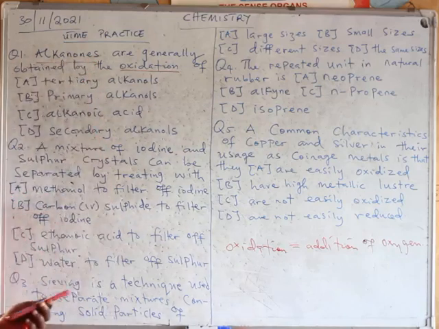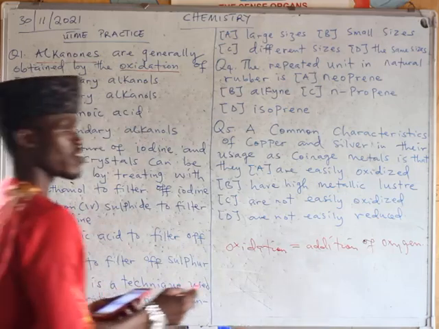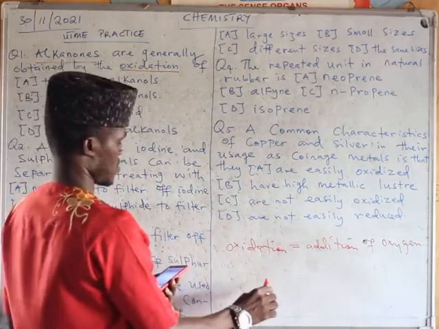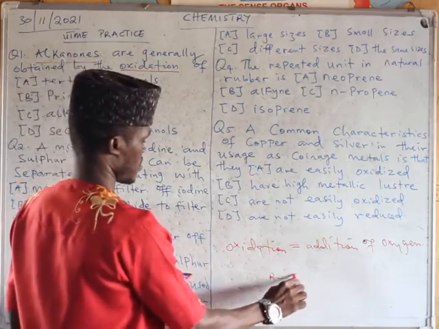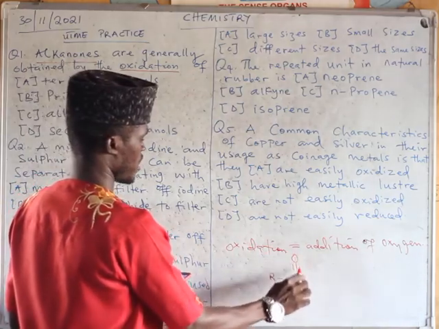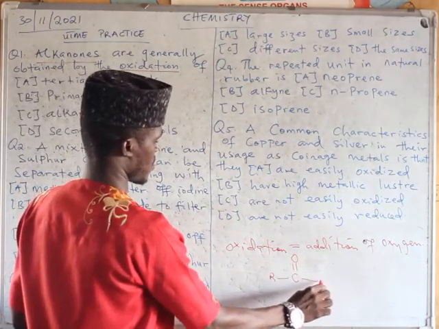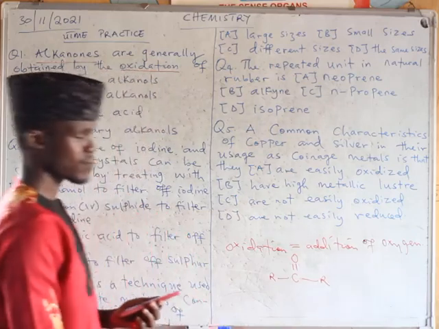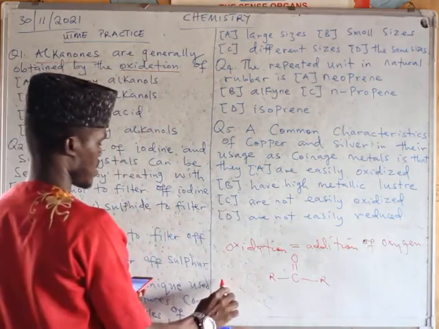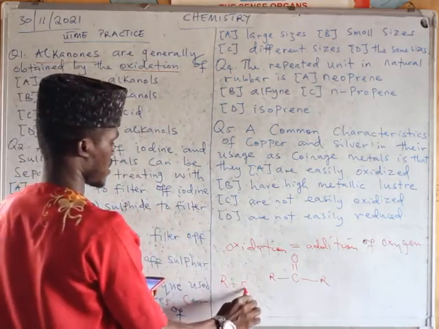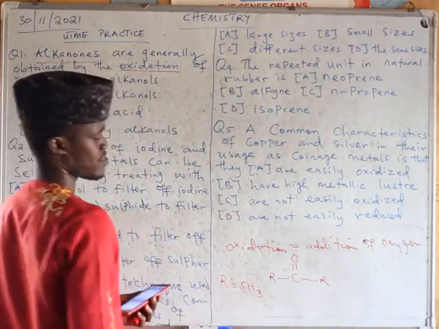Now, in this very particular question, where we have alkanones, alkanones are organic compounds which have the functional group of R, a carbon double bonded to oxygen, and another R. Now, R can be your alkyl group, CH3.